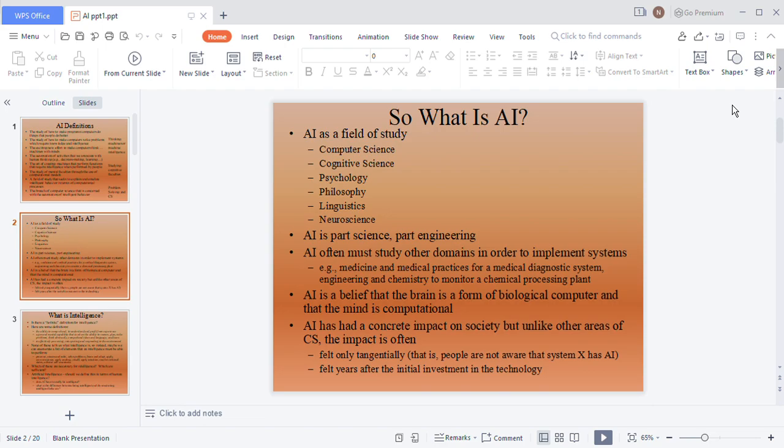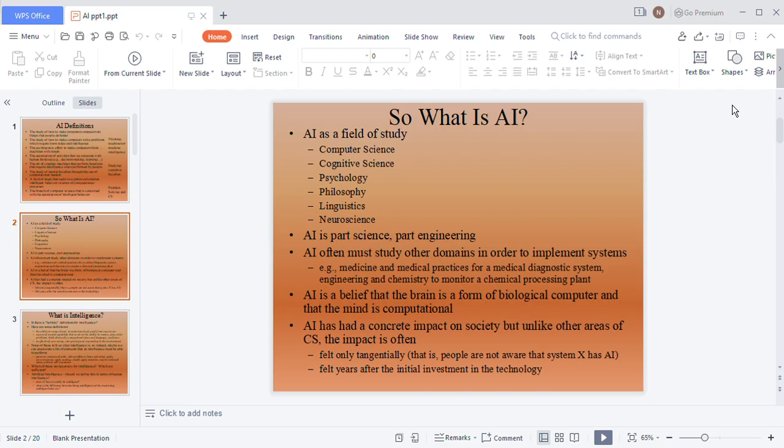Here is a part of science, part of engineering. I told you some of the examples. Engineering comes from science, and technology comes from engineering. AI often must study other domains to implement systems. Example, medicine and medical practice for a medical diagnosis system, engineering and chemistry to monitor a chemical process plant.